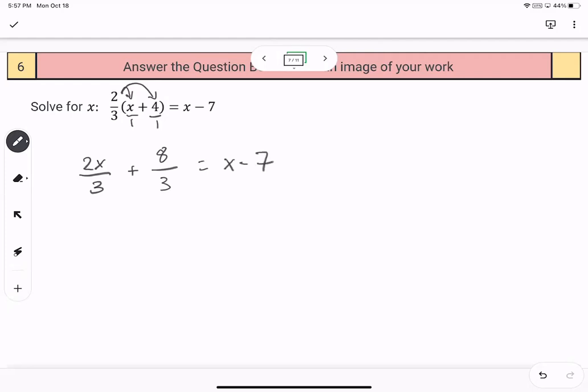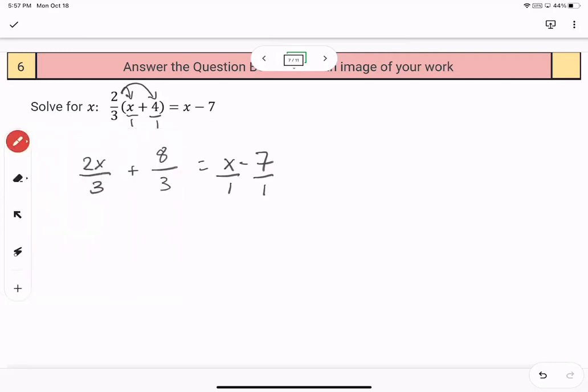Now we said that when we're dealing with fractions, we want to get them all to have the least common denominator to be the same. So since the denominator here is 3 and the denominator here is 3, we want to give these terms the denominator of 3 as well. So remember, to turn it into a fraction, just put it over 1. And we want the denominator to be 3.